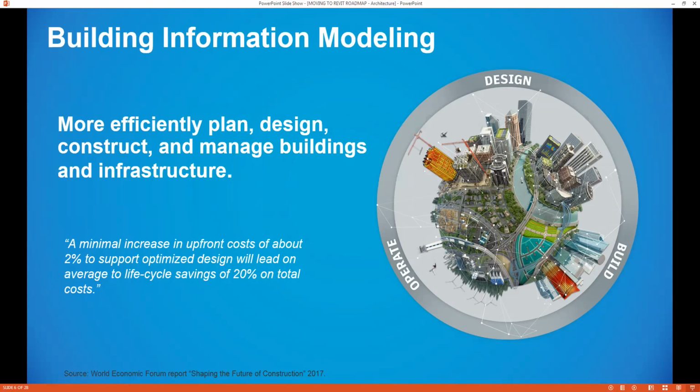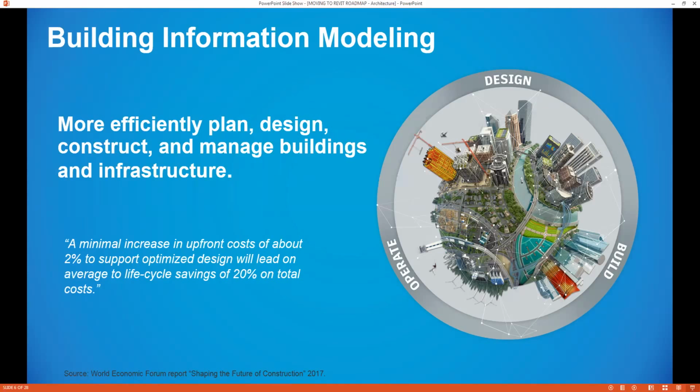If you're an architect, structural or MEP engineer, even the surveyor, from the beginning to the end of the cycle, all they're doing is defined by these four things: they plan, design, construct, and manage buildings and infrastructure. So all BIM helps companies to do is to increase the efficiency at which they do these things.